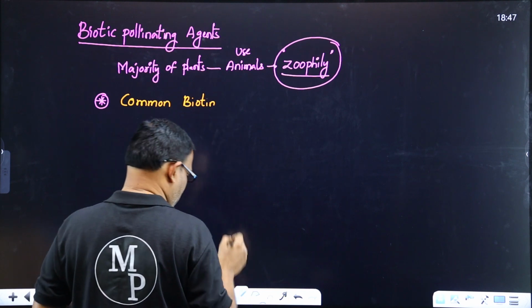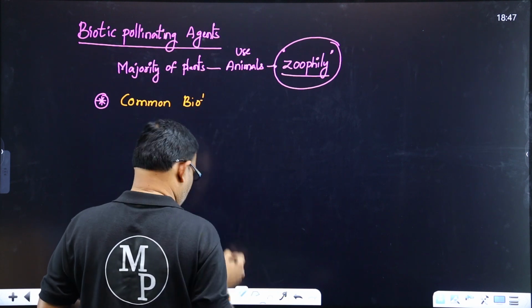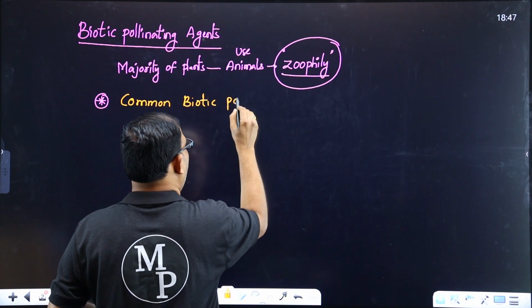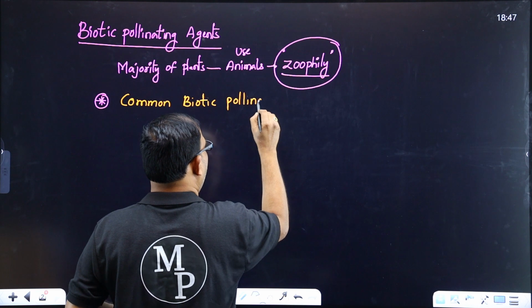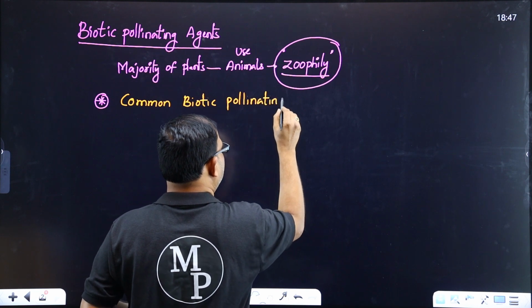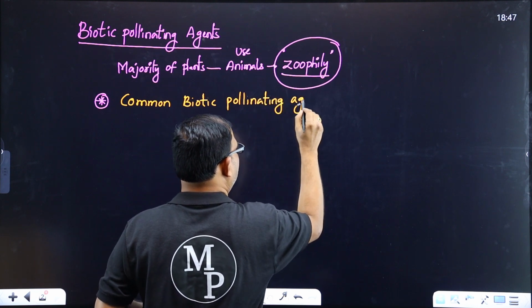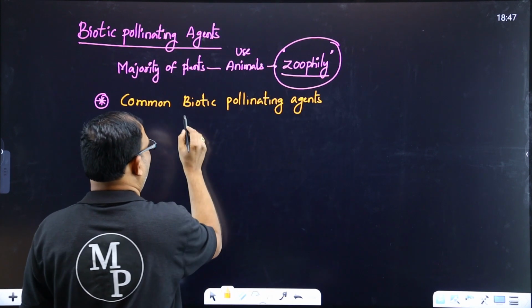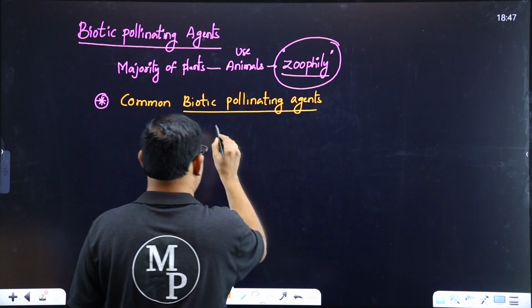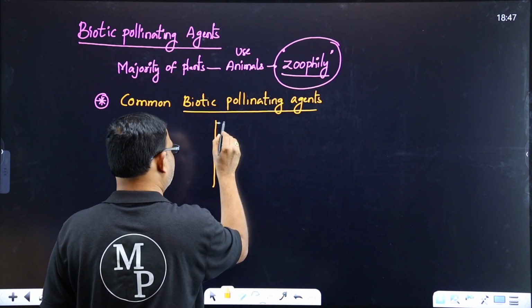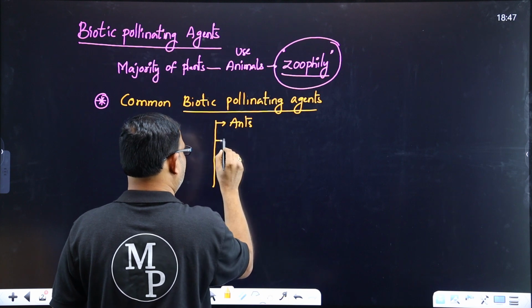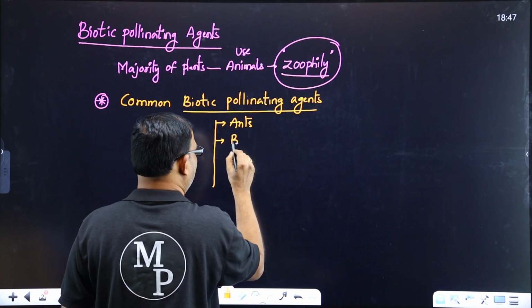There is a list in NCERT. These are very important. Common biotic pollinating agents are, see all of you: ants. Next one, bees.